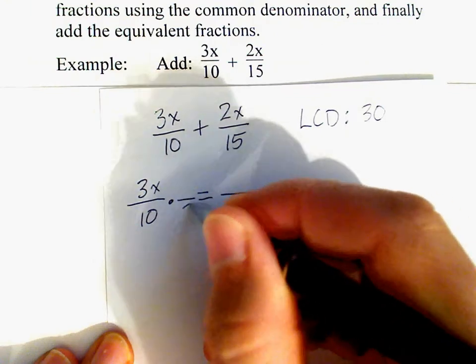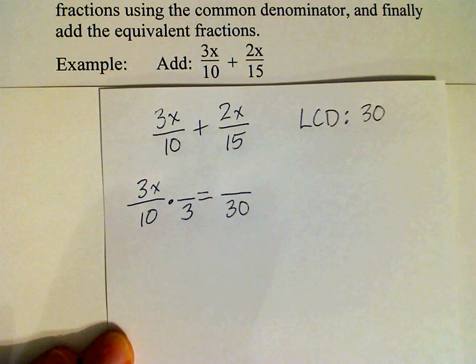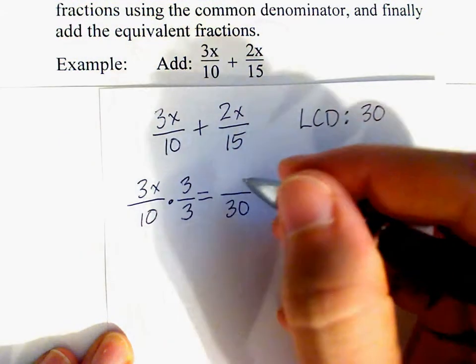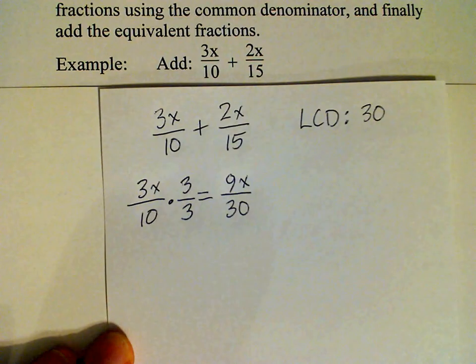And it's clear, I think, that we need to multiply by 3 in order to get to 30 from 10. Now if we multiply on the bottom by 3, we must multiply on the top by 3. So our equivalent fraction here is 9x over 30.